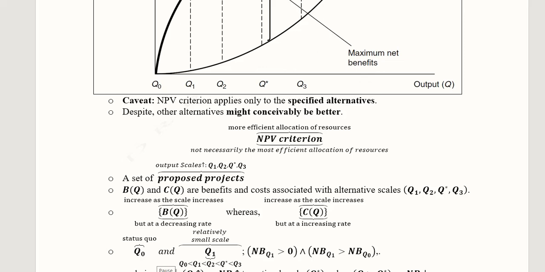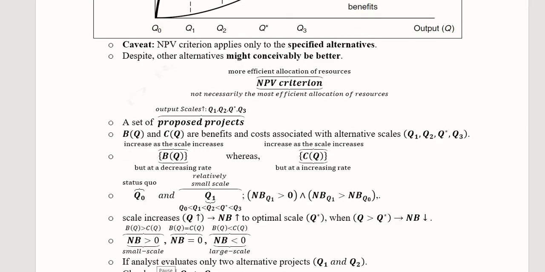A set of proposed projects is there in which Q1, Q2, Q asterisk and Q3 were there, and output scale was increasing when we moved from Q1 towards Q3. BQ and CQ were the benefit and cost curves that we just saw and understood the trends of, these are the increasing and decreasing rate things that we just saw in the diagram.